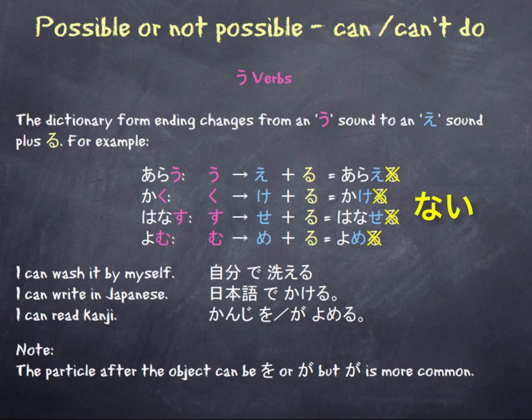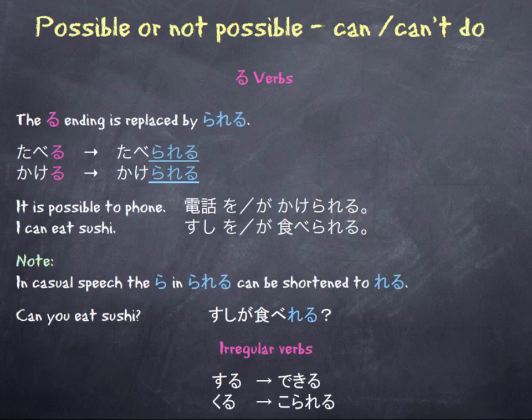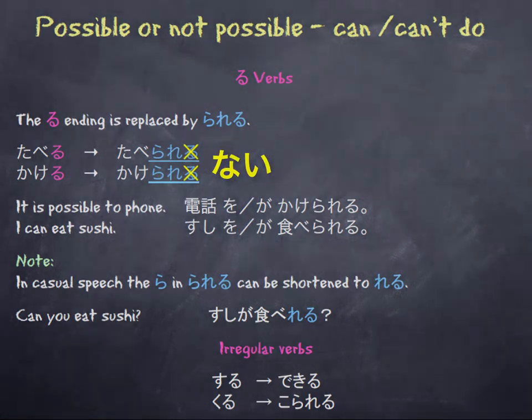So kaku becomes kakenai. Hanasu becomes hanasenai. And likewise with our ru verbs, if we wish to conjugate them into the negative potential form, we just change from taberareru or tabereru to taberarenai. So that's about all for this topic, but if you have any questions or comments, please let me know.